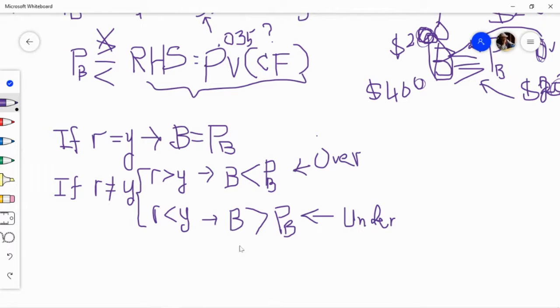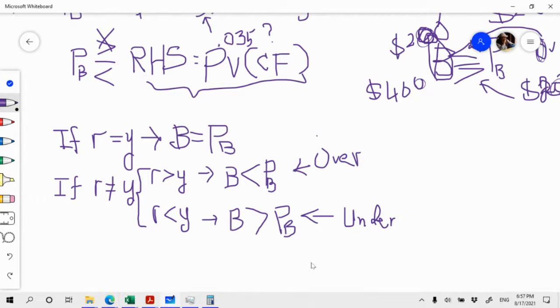Why? We talked about this yesterday. If the market is undervaluing something, valued less than the intrinsic value, it is a buy opportunity, isn't it?